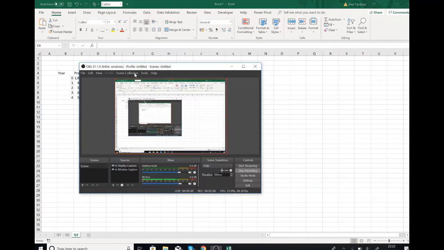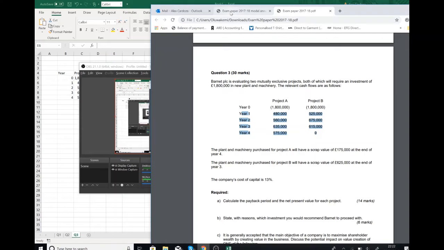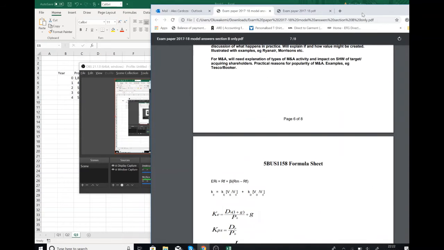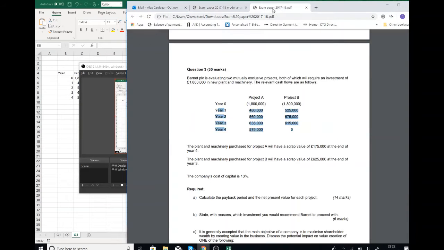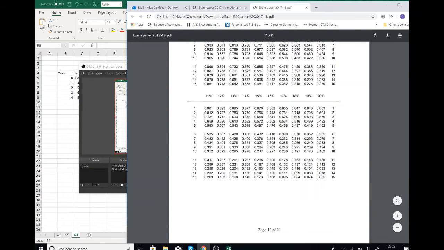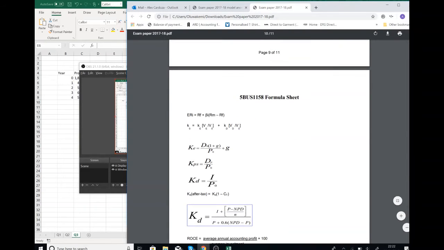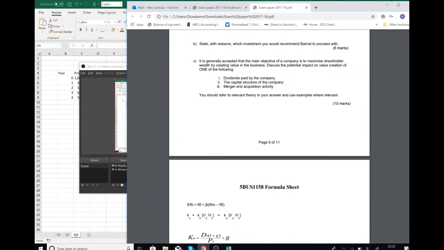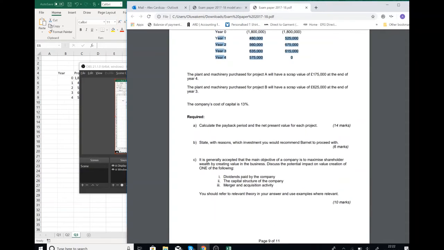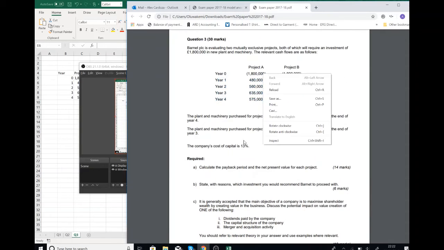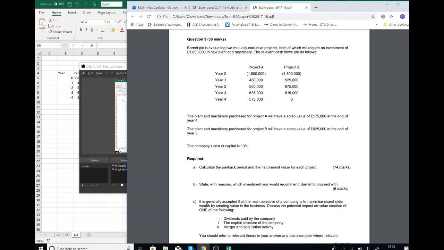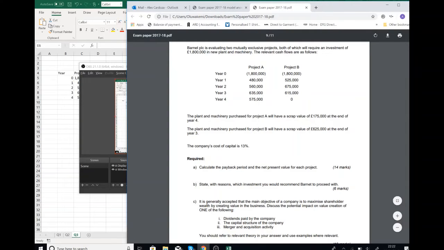That's going to be 1. I think they should give it to you. They should, in the exam, give you the discount factor. Let's have a look. Yes, they do. So use this. So what is their discount factor? You look here and ask, what's my cost of capital? It's 13%.